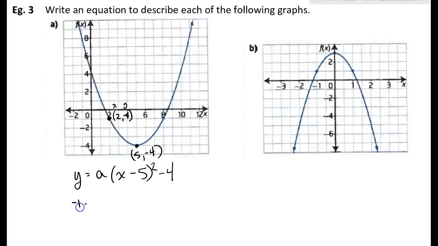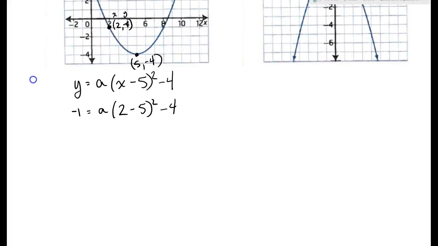So again, -1 equals a, and then I've got 2 minus 5 squared minus 4. Moving my 4 over, add it, so I'm going to have +3 equals a, and then -3 squared, which is 9, which means that I've got 3 equals 9a, divide by 9, and we get 1/3 is a.